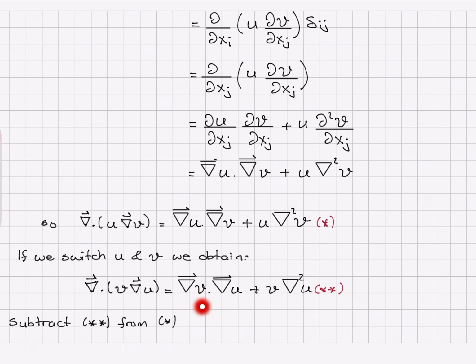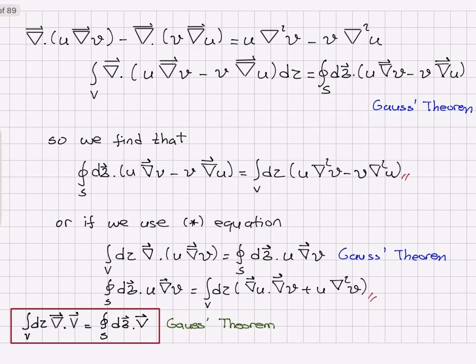If I consider the divergence of v gradient u, that's the dot product of the gradients of v and u plus v Laplacian u, and subtract this equation from this equation, then I obtain the divergence of u gradient v minus the divergence of v gradient u, which is the divergence of u gradient v minus v gradient u, it's the same thing, is equal to u del square v minus v del square u.